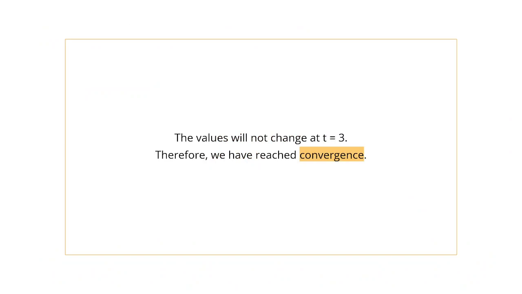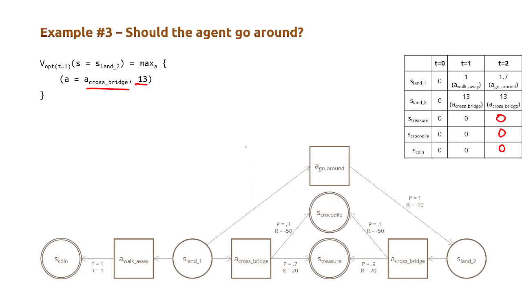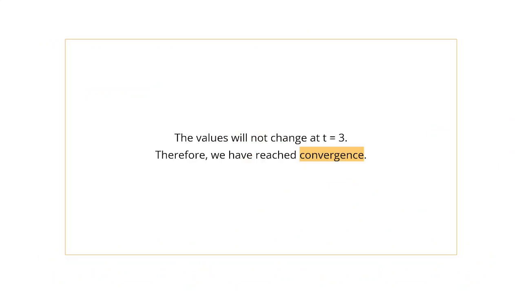I will not show it anymore, but when we calculate the values again at t equal to 3, the values will not change. The value of S land 1 will be 1.7 with the action of going around. The value at S land 2 is also 13 when crossing the bridge. Because the values have not changed at t equal to 3, we have reached convergence.